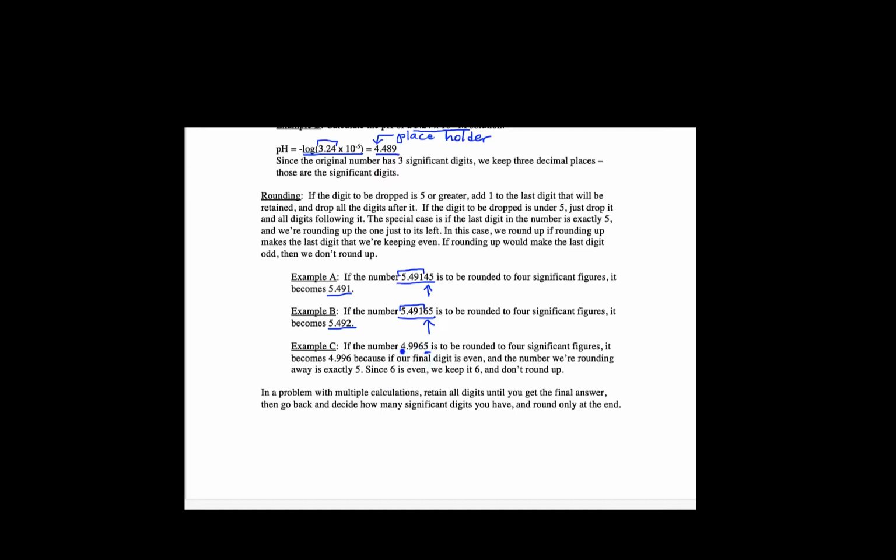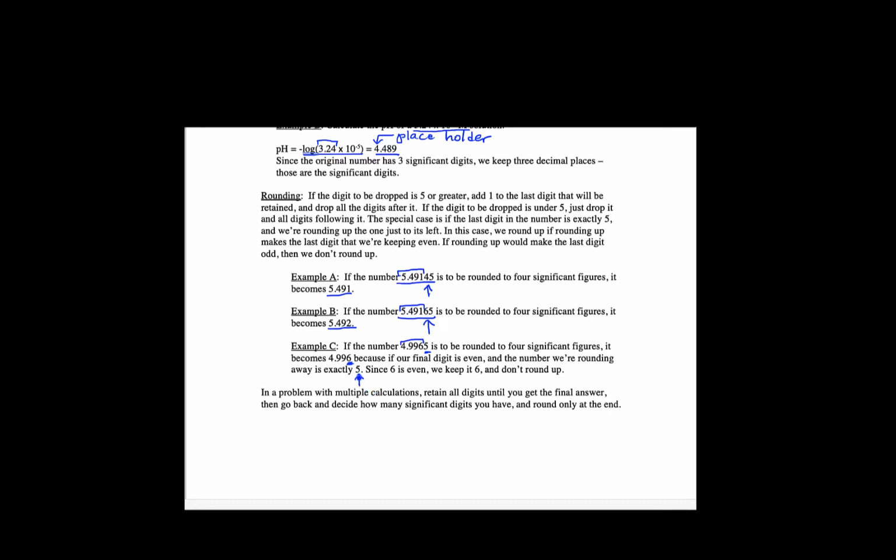So this number, 4.996, I want to round it to 4 significant digits, and I'm going to keep it at 4.996 exactly, because our final digit that we're keeping is even, and the number that we are rounding away is exactly 5. This is one of those special cases.